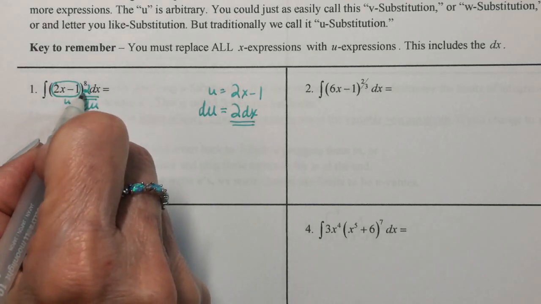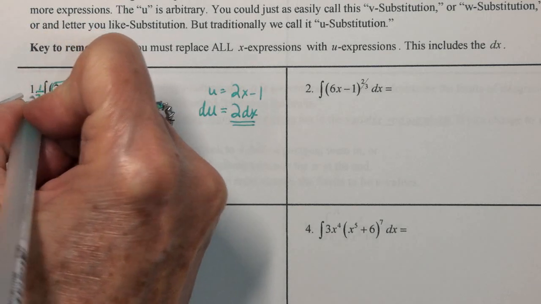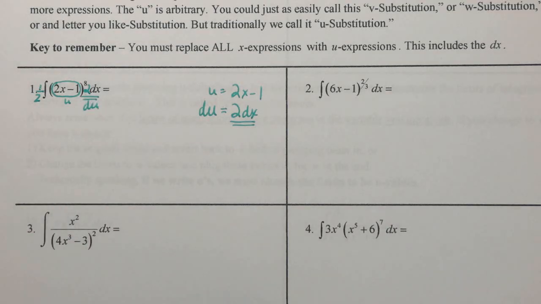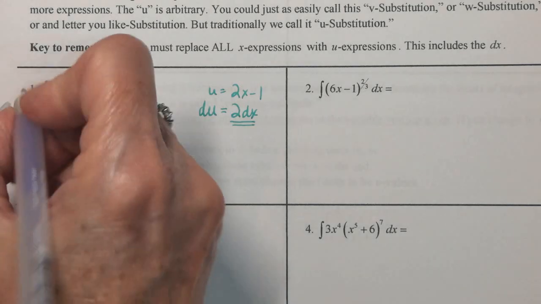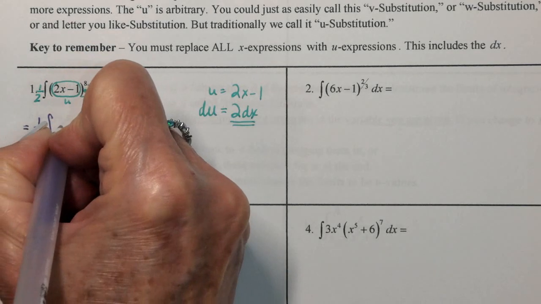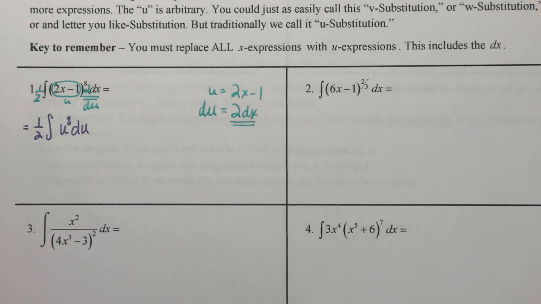So when I write a 2 there, I'm going to, on the outside, multiply by 1/2. This way it keeps everything the same. So my integral has become 1/2 integral u to the 8 du.